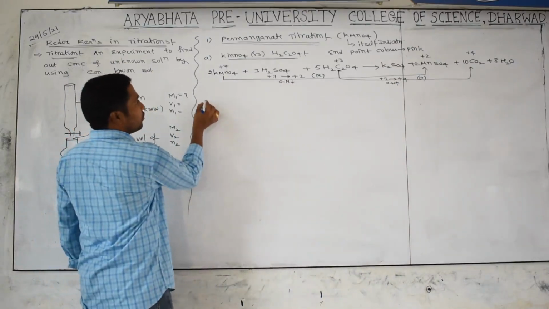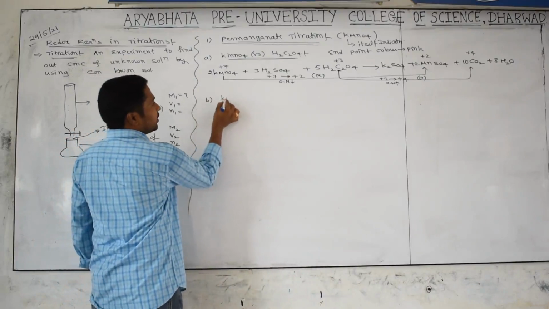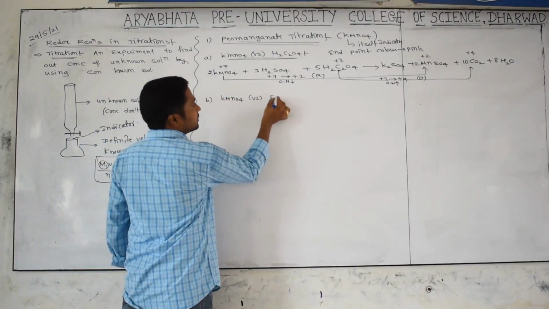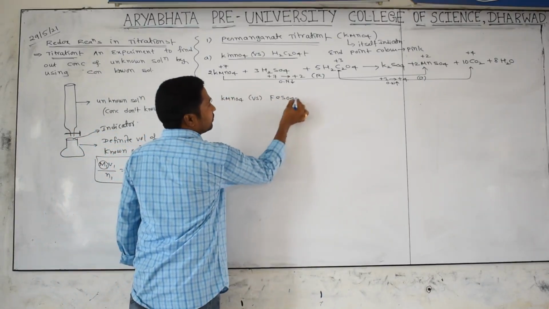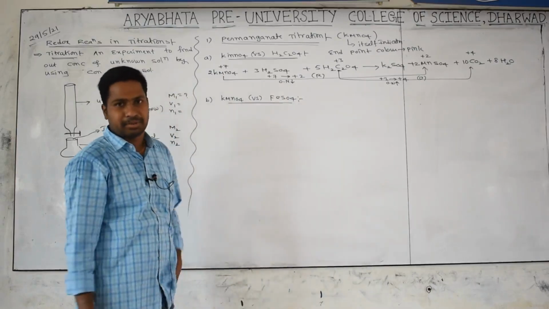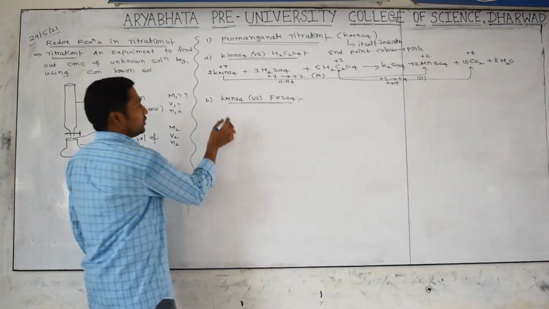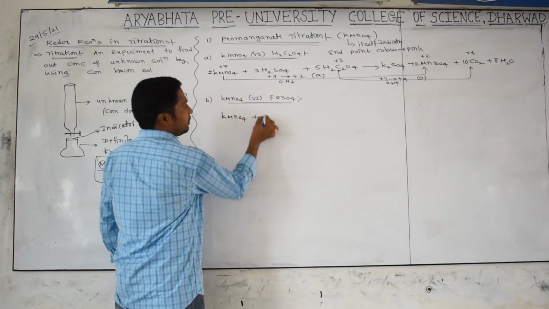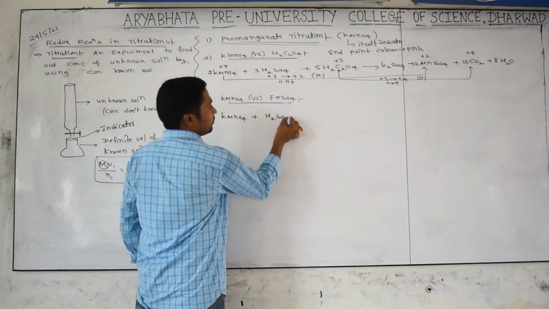Under KMnO4 I will give you one more, KMnO4 versus ferrous salts, FeSO4. This one you are doing in the second PUC as a 15 marks experiment. So what is this one? You take KMnO4, which will be treated with H2SO4.